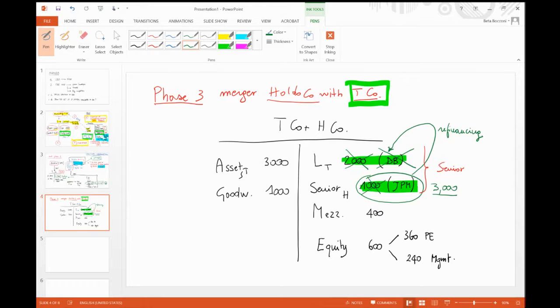In this sense, as you can imagine, at the end of this deal, not only will JP Morgan be senior to anyone else, JP Morgan will also be the controlling shareholder of the TICO plus holding company. So every potential guarantee, every fixed asset, every floating asset will be granted as a security for the creditor of the combined entity, TICO plus Holdco.